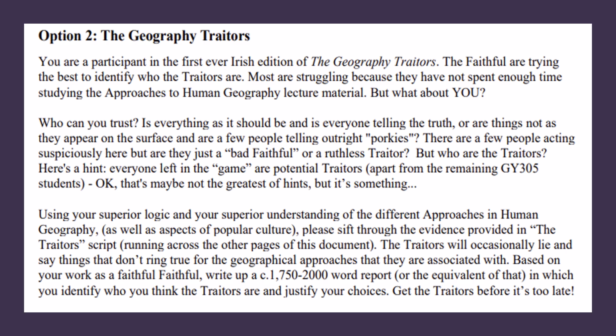Some of them are traitors, and the traitors are allowed to lie in this game. So ultimately, you're trying to identify the geographical characters in this game who are telling lies. And again, like the geography murder mysteries, the traitors in this game will say or do things that they shouldn't be saying based on their specific approach to human geography.